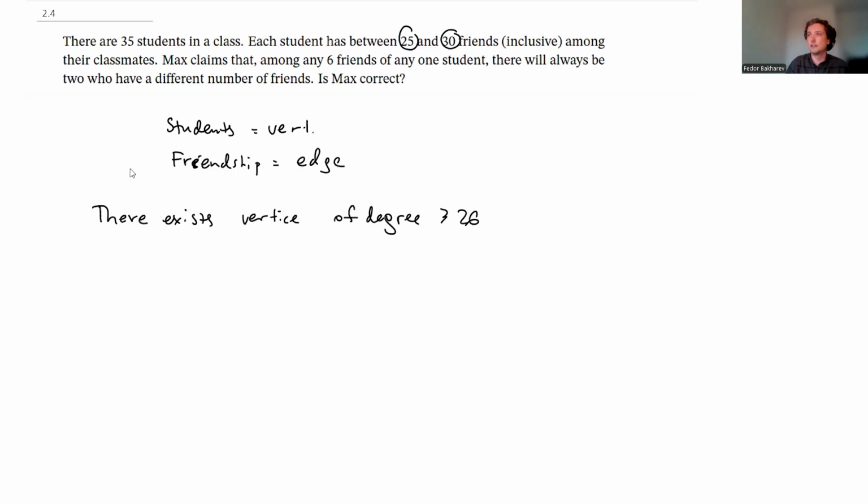If all 35 vertices had degree 25, the sum would be odd, and that's not possible.